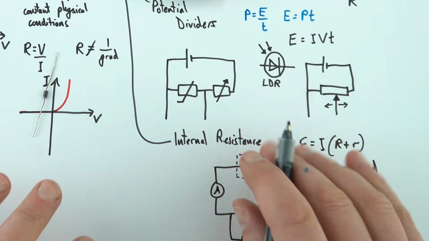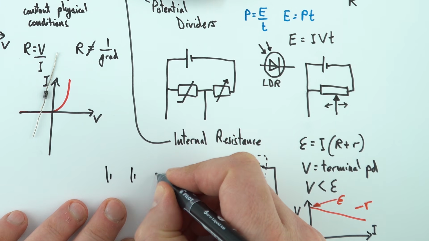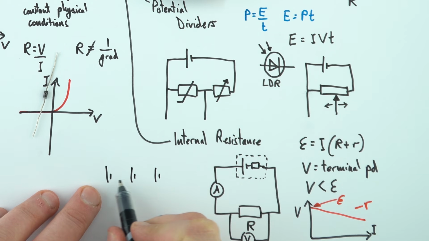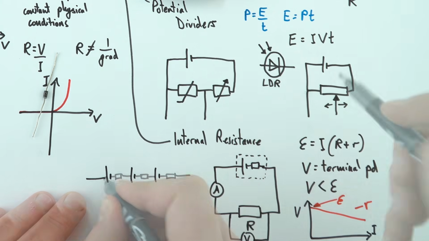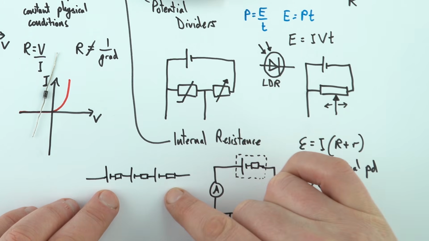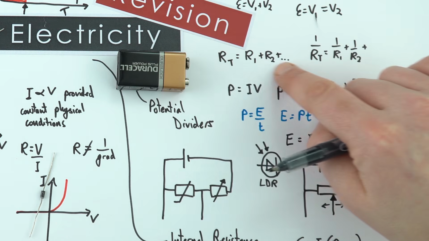It might be that if you had a real circuit where we had a lot of cells in series, we'd have to add this internal resistance to that internal resistance to that internal resistance. So when you have cells in series, their internal resistances all add up, just like the total resistance of something in series.